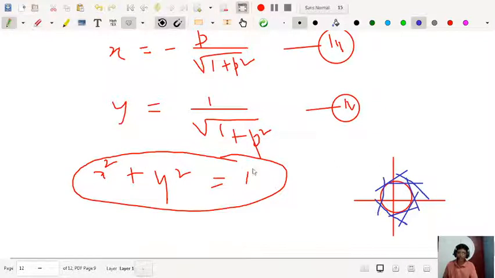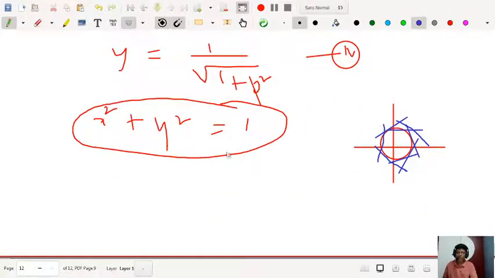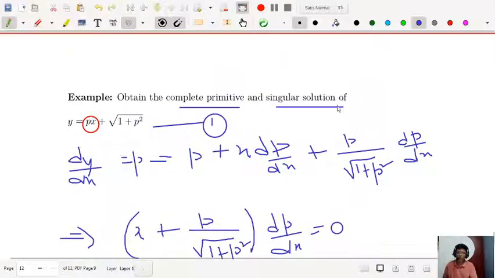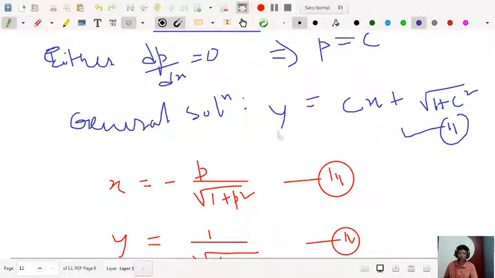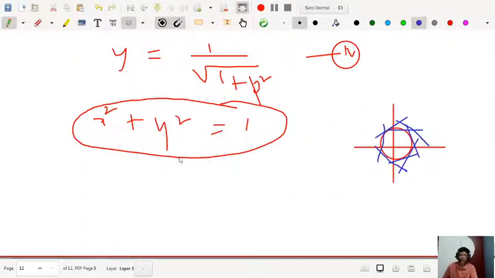So your circle is the envelope, your singular solution. Your singular solution is the circle, and your complete primitive or general solution is y equal to cx plus root over 1 plus c square, and your circle is the envelope in this case because your family of lines touches the circle.